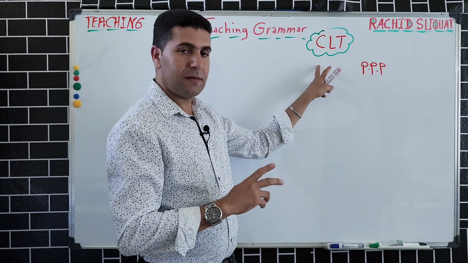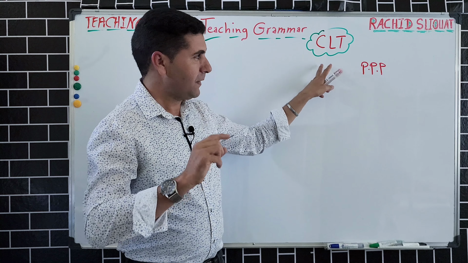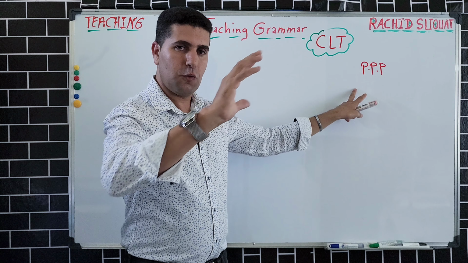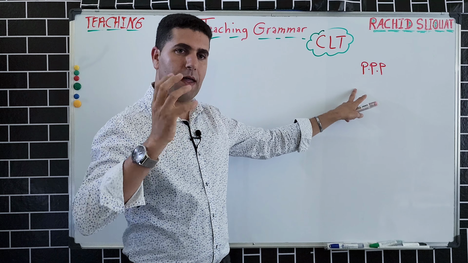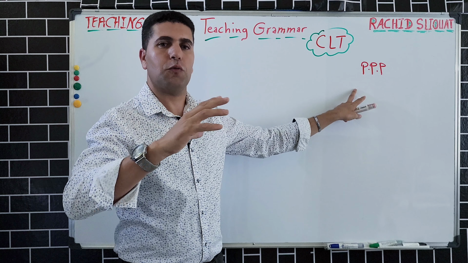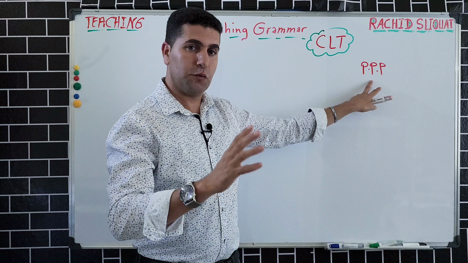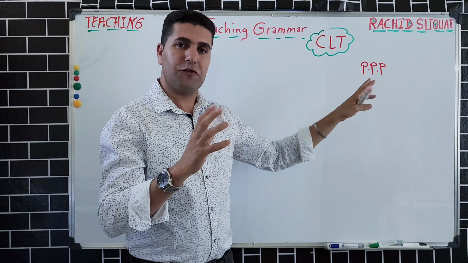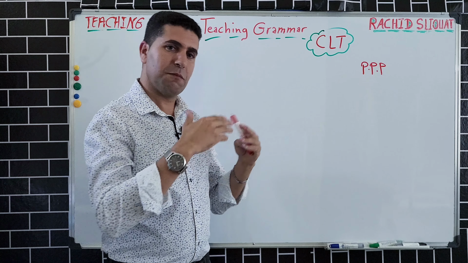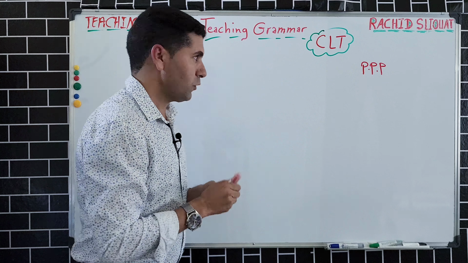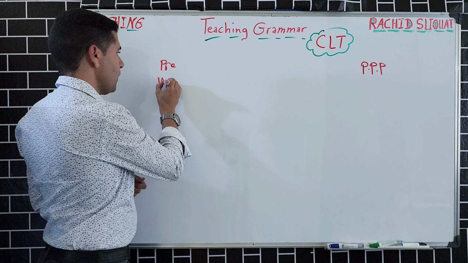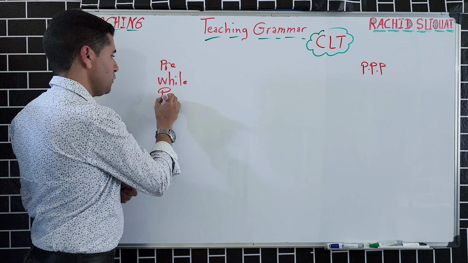Communicative language teaching has shifted our way of teaching either grammar or the 4 skills from the PPP model, which is traditional, to something else which is very common, which is the pre, while, and post.